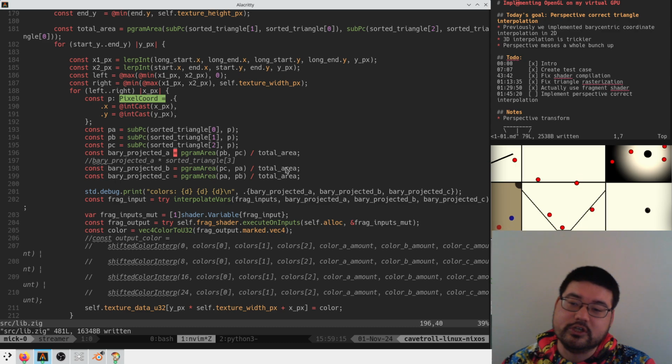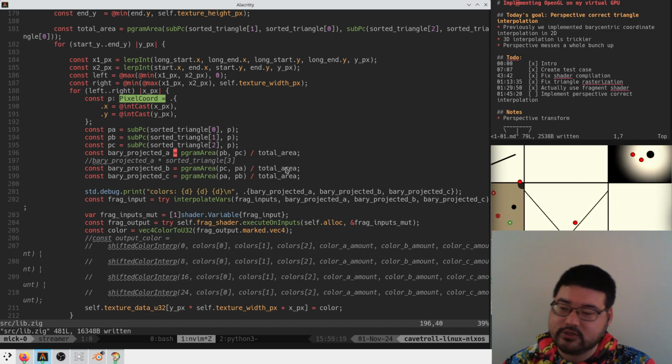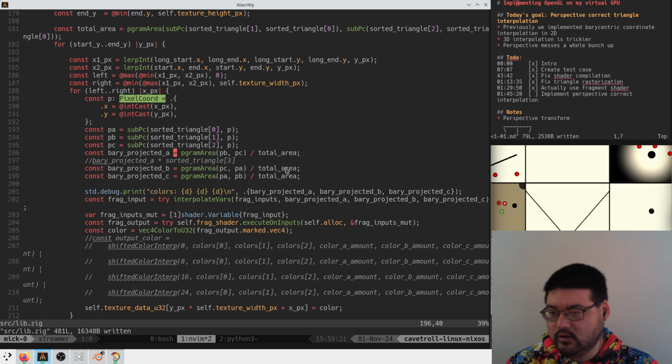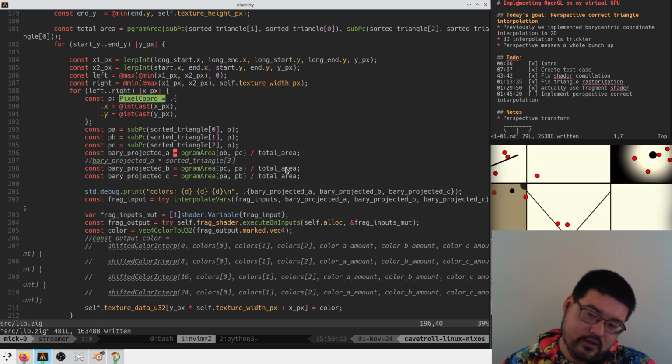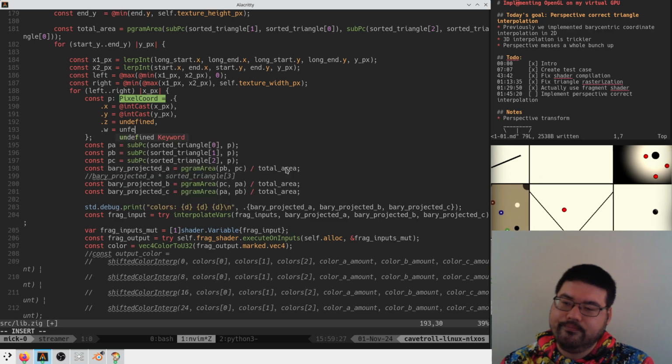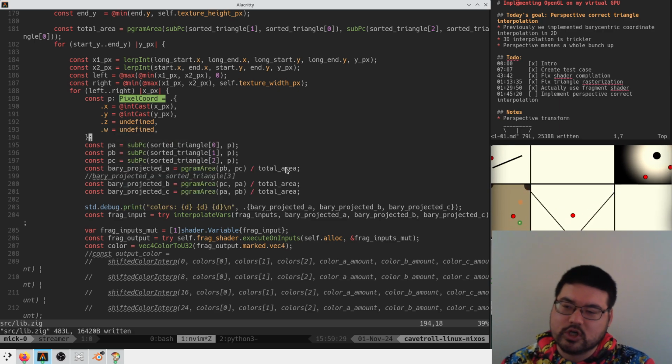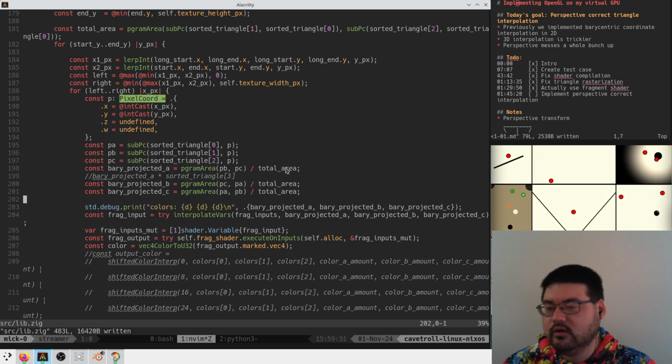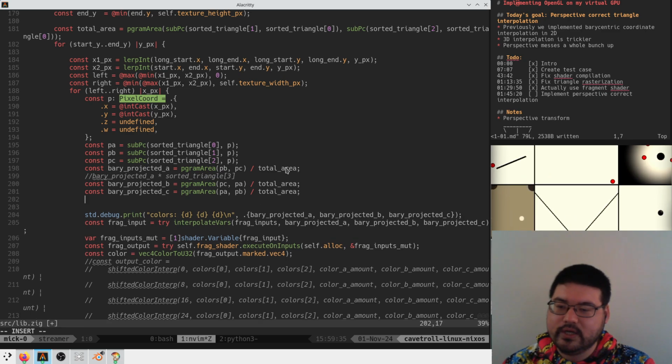The z value is an interpolated value based off of the barycentric coordinate of the inputs. So we need to interpolate these.